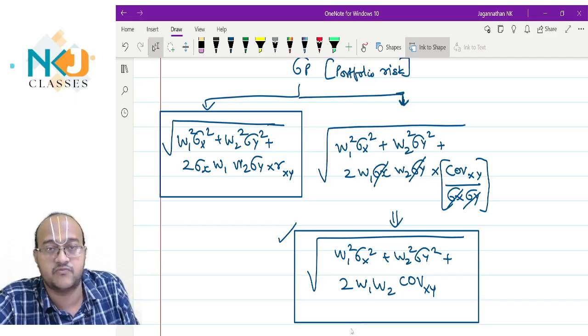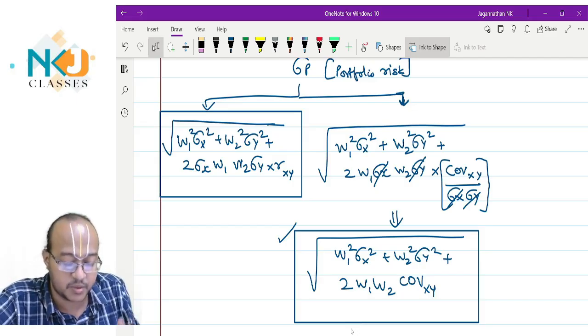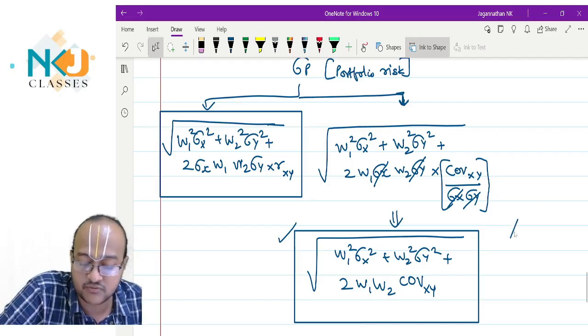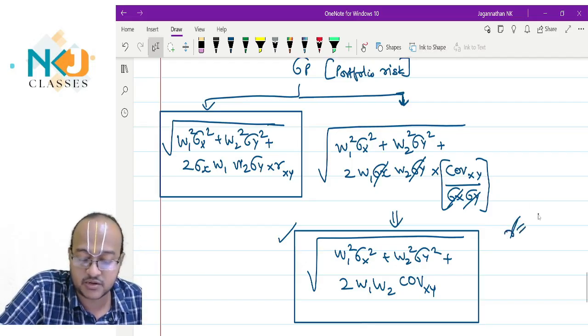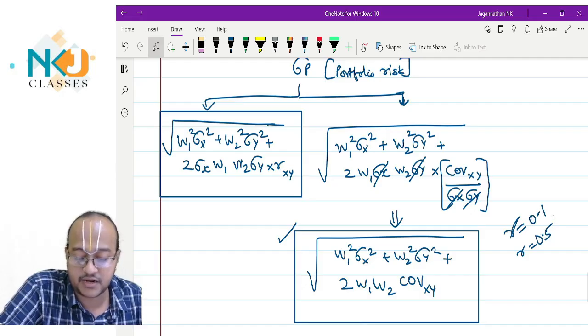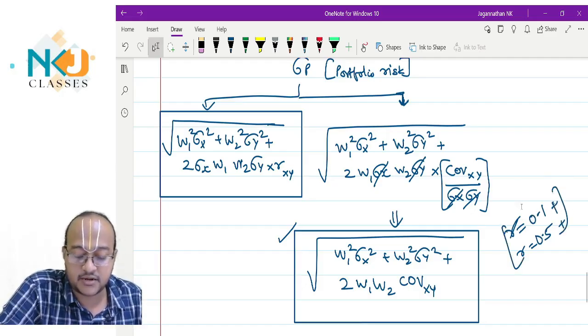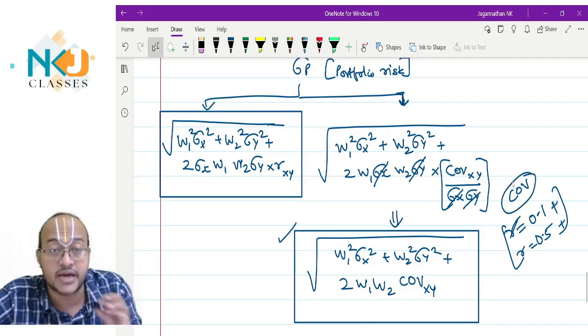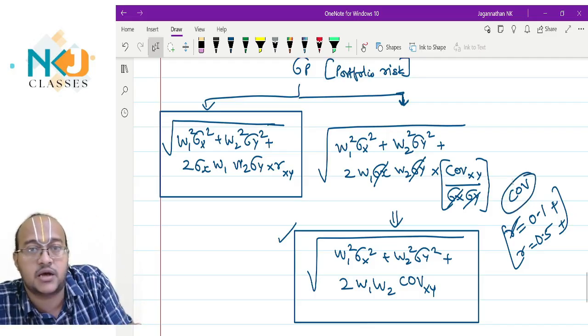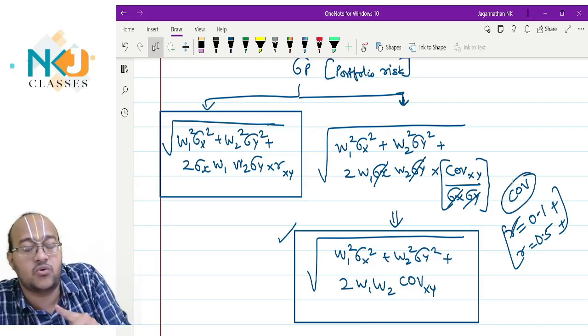You may ask, sir, where can I use this formula? Very simple. Instead of covariance, the question gives you correlation, right? Usually in these questions they have given r equal to 0.1, r equal to 0.5, minus, plus, like that. Like that they will also give you covariance in the question. You should carefully observe whether they have given correlation or covariance.